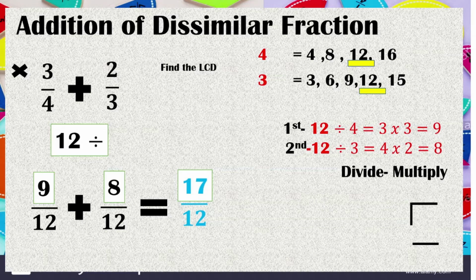17 over 12 is improper fraction. Pag improper fraction ang magiging sagot nyo, you are going to convert that to mixed number. So, i-divide nyo silang dalawa para maging mixed number siya. Okay? So, parehas nung topic natin last time, paano mag-convert ng improper fraction to mixed number. So, i-divide lamang po natin sila.